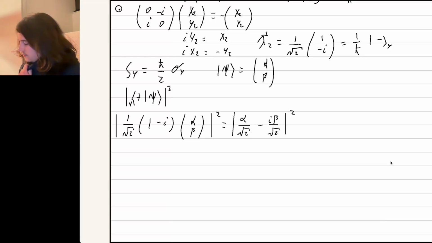Doing the square modulus is actually just multiplying the complex conjugate of what's inside times itself. So you'll actually have, I'm going to factor out a 1/2 first.